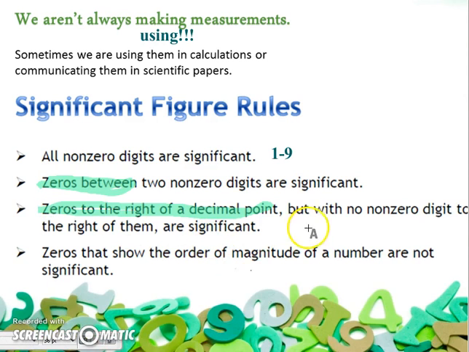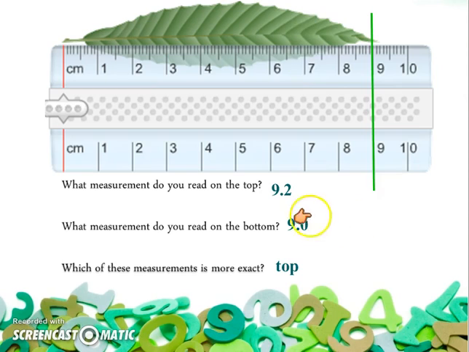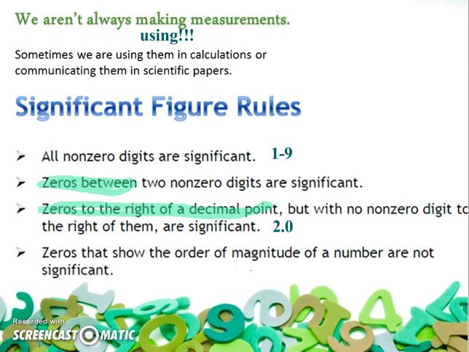For example, that would be like if we had the number 2.0 and there's no non-zero digit to the right of it, so it just ends there. It is significant. It tells us, as we said in one of those examples earlier, it would be a guess. It would be our estimate, so it would be significant in our measurement. And then finally, zeros that show order of magnitude of a number are not significant.